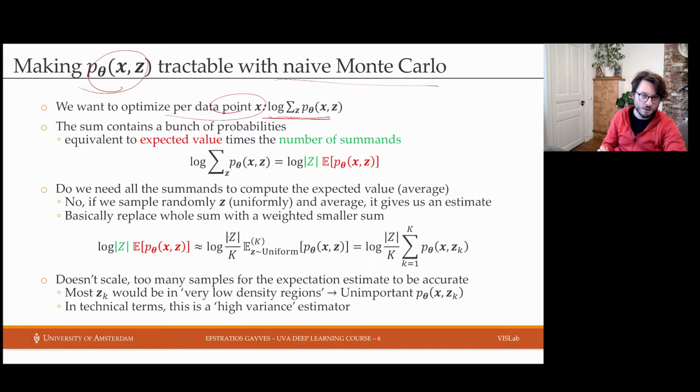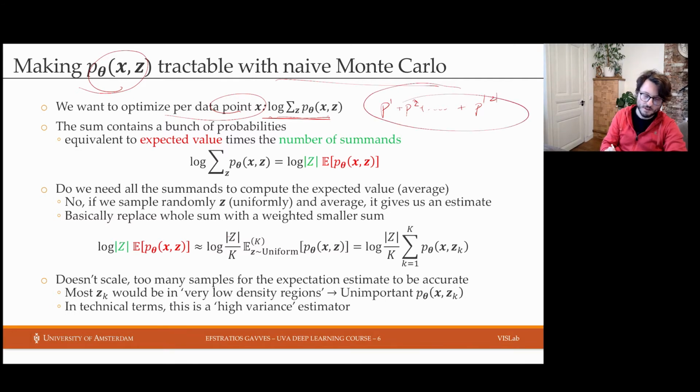So now we have the log of the sum over all latents. Now we can actually see this as a very big summation, right? That's like a summation of P1 plus P2 plus P up to absolute Z, where absolute Z stands for the total number of combinations of z.